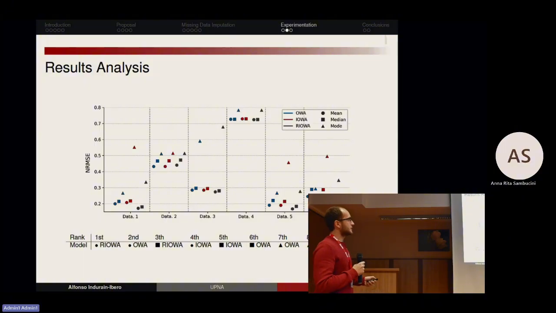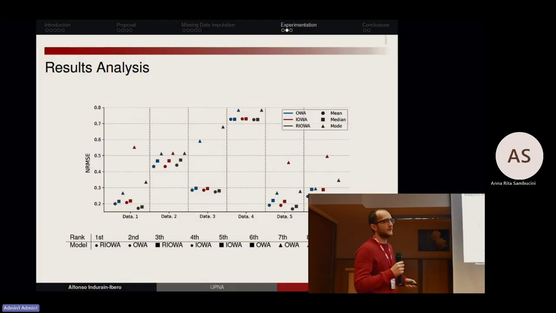Just a quick explanation of this graph. Any marker in gray represents the restricted OWA operator. Any marker in red is the IOWA, and any marker in blue is the OWA operator. The shape of the marker is just whether we started the initial imputation with the mean, the mode, or the median.